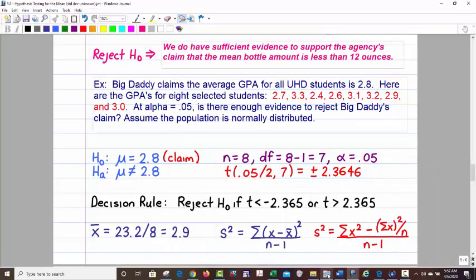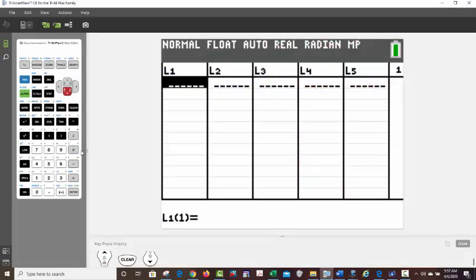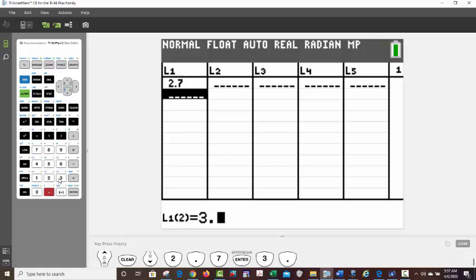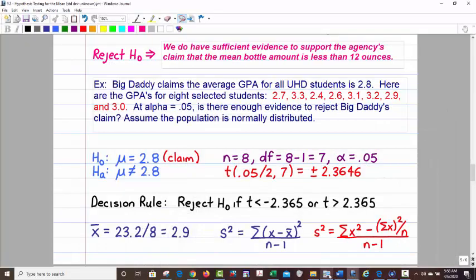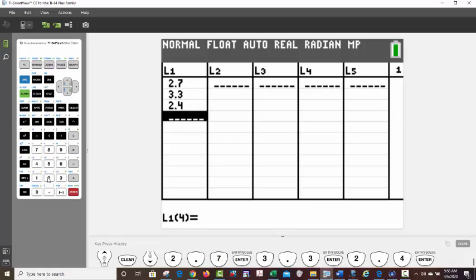And 2.7, 3.3, 2.4. Maybe I should have tried to memorize 4 of them at a time, but I'll just go 3 again. 2, 6, 3, 1, 3, 2.